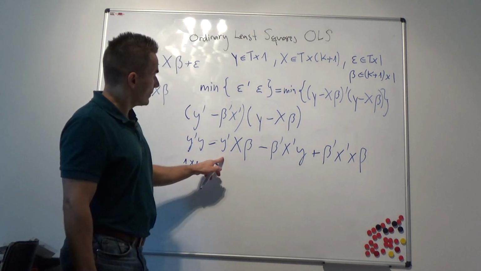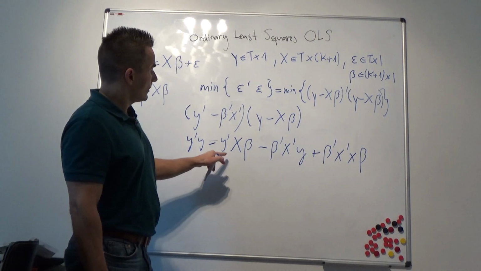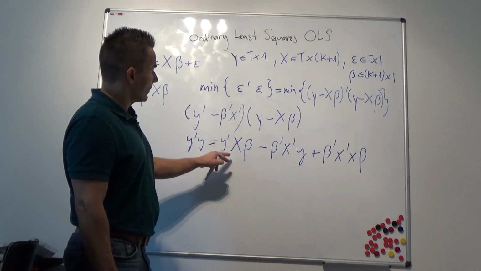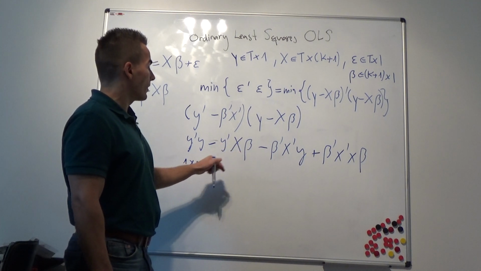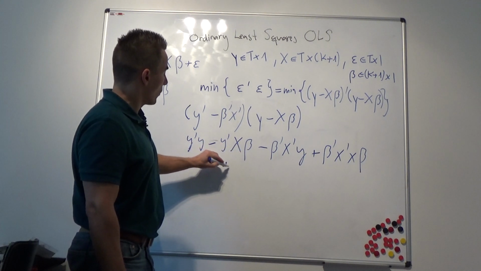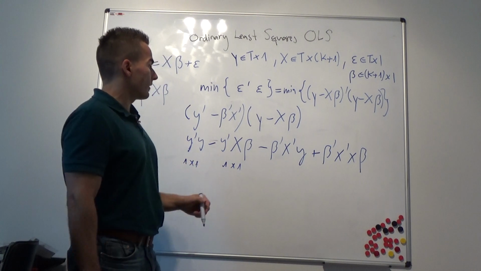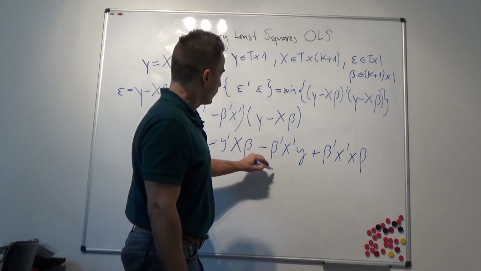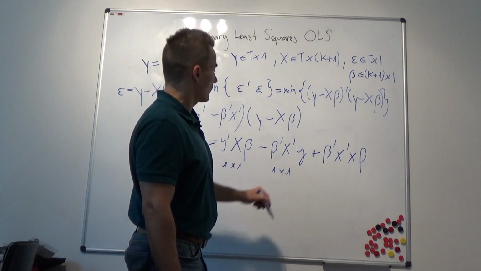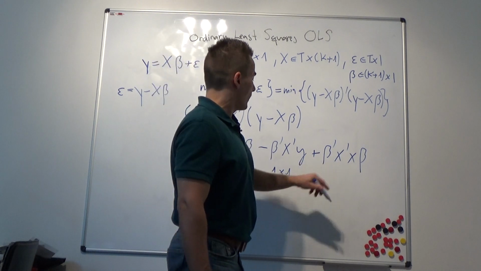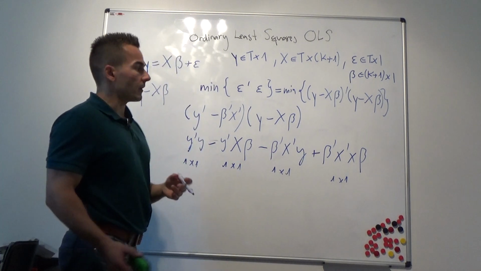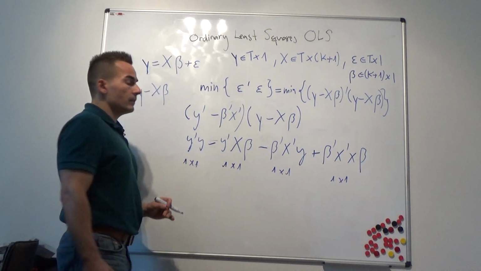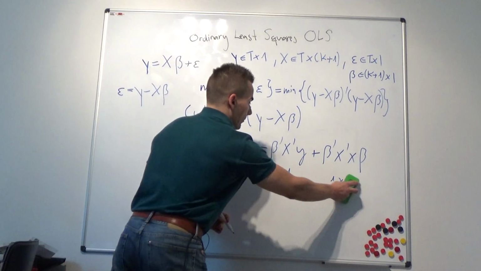This is 1 by T times something that is T by K plus 1 times something that is K plus 1 by 1. So what comes out here is also 1 by 1. It's also a scalar. And what we have here, that's also a scalar. And of course it must be like that, because what comes out needs to be a scalar. It needs to be just a number.